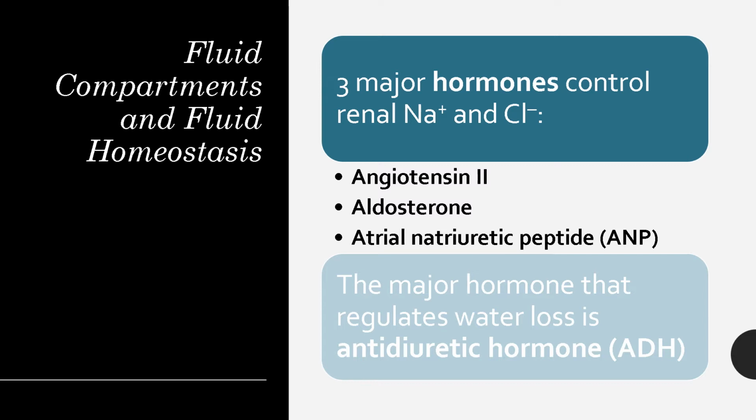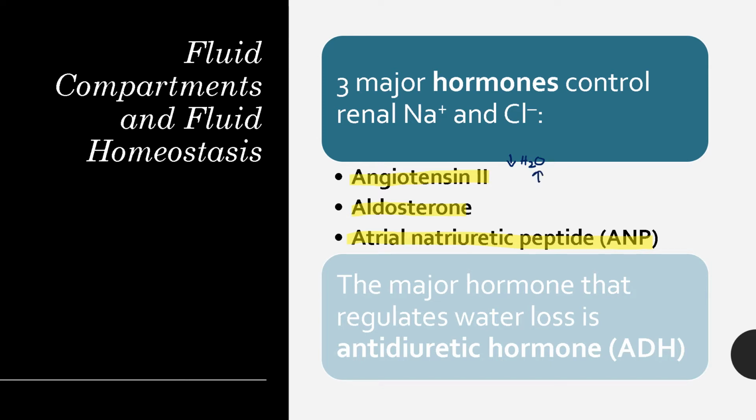So like I just went over in the last slide, the three most important hormones that regulate the extent of renal sodium and chloride reabsorption are going to be angiotensin II, aldosterone, and atrial natriuretic peptide, or ANP. So when your body is dehydrated, so say we have low water in our body, angiotensin II and aldosterone will promote the urinary reabsorption of sodium and chloride.